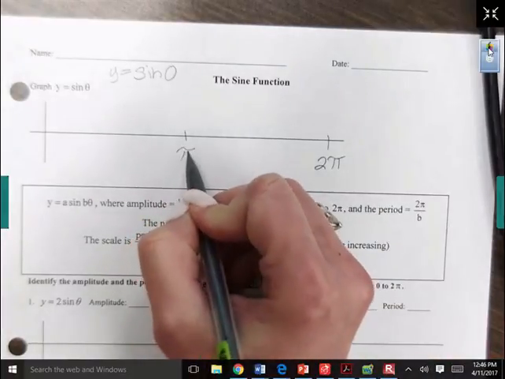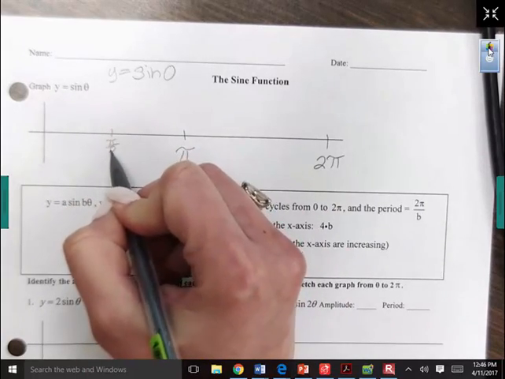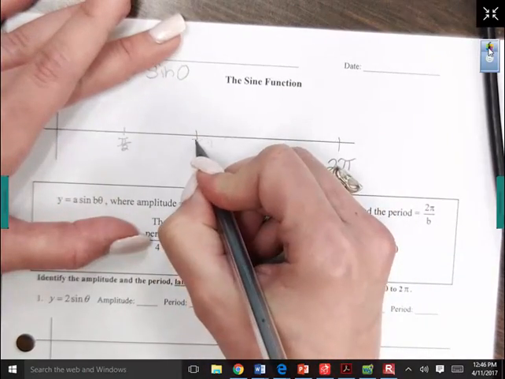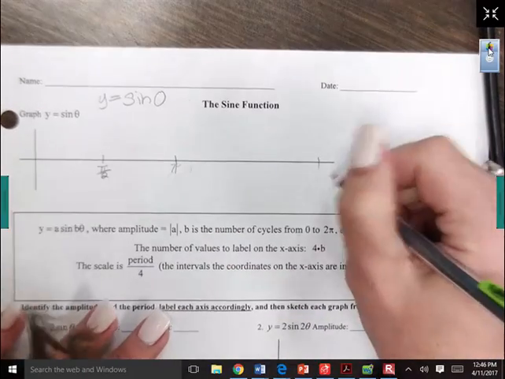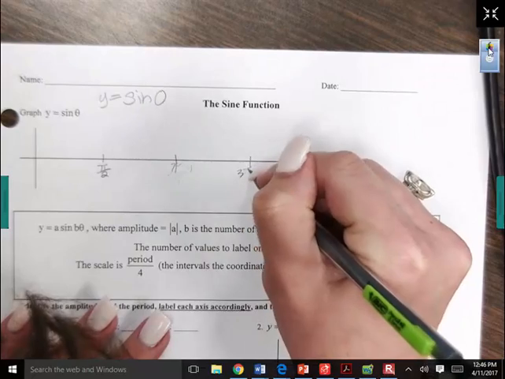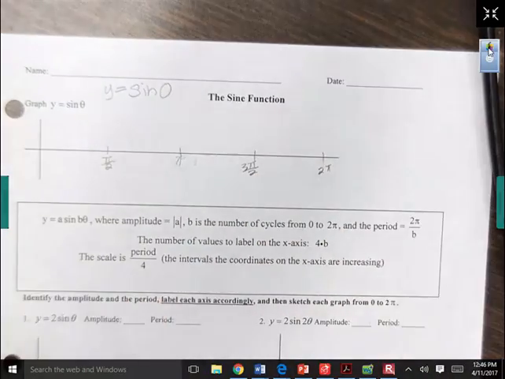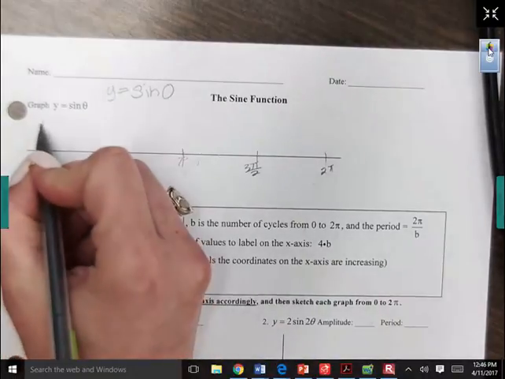And if we cut that in half, that would give us pi over 2. Let me make this a little bit smaller. Now, what if I cut this one in half? 3 pi over 2. Okay, so we're going to start here at 0, and this is just 1 and -1.